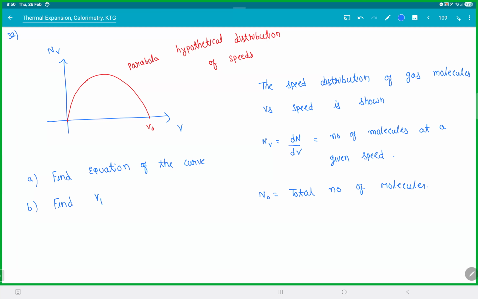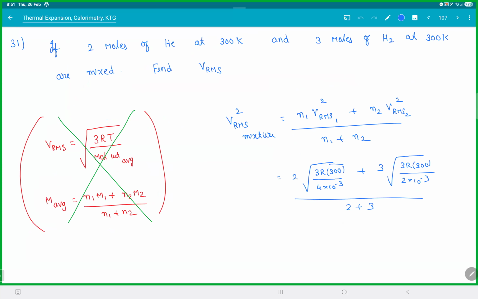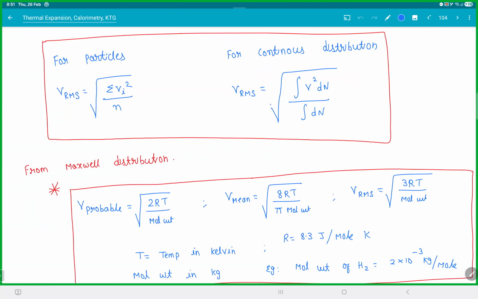Find V probable. Find V mean. Preferably try to get them without solving. Find VRMS. For VRMS you have to do some work. And I hope you remember the general formula for VRMS. Integral form is this, everyone: root of integral V square dn by integral dn.